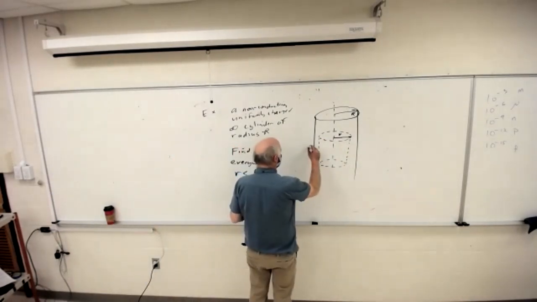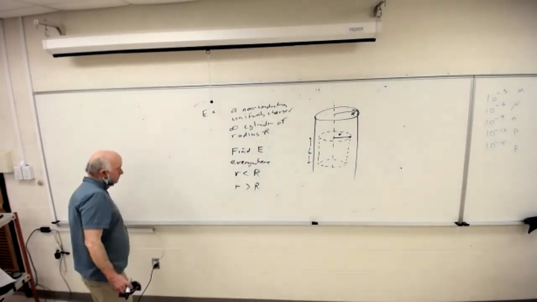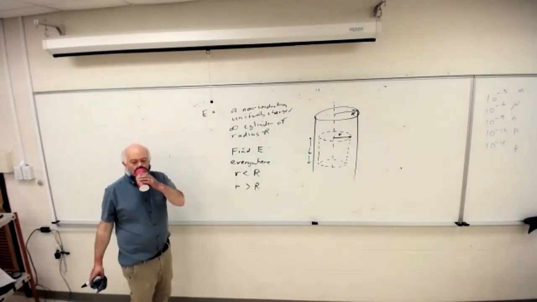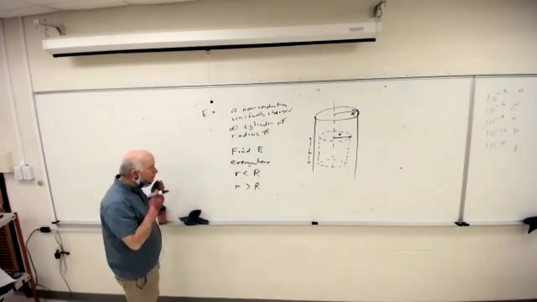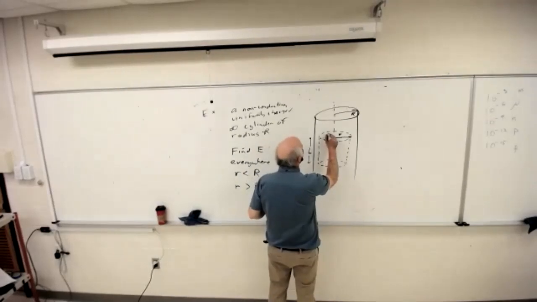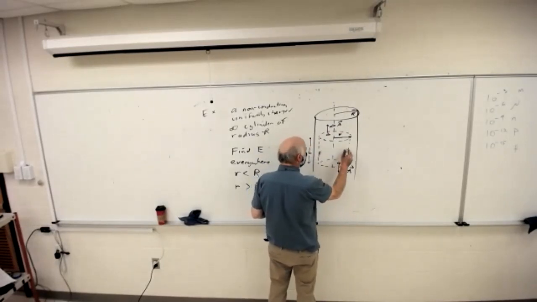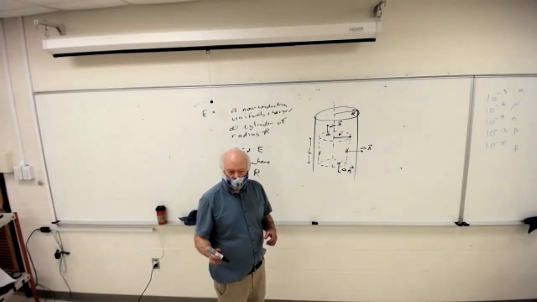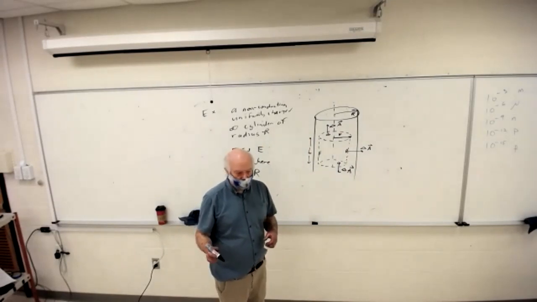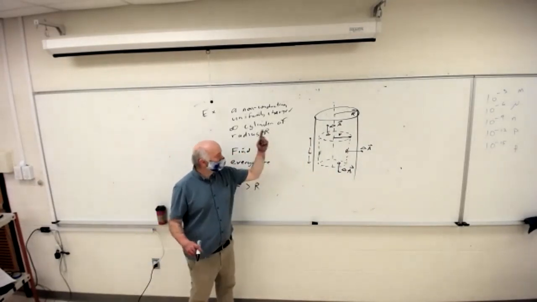Let's have a length of L. We have our delta A here, our delta A here, our delta A here. Okay, proceed.